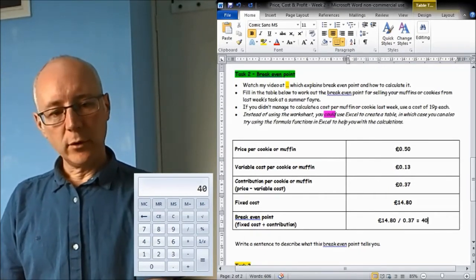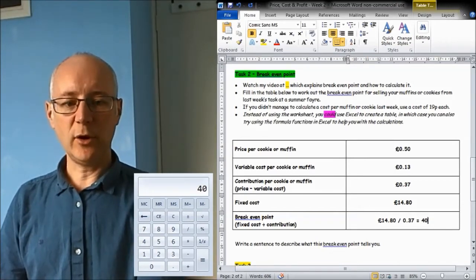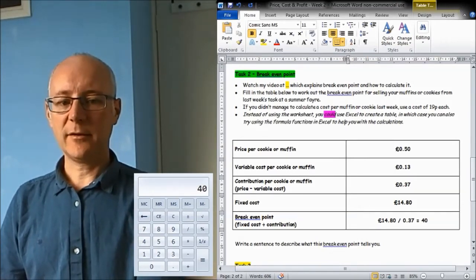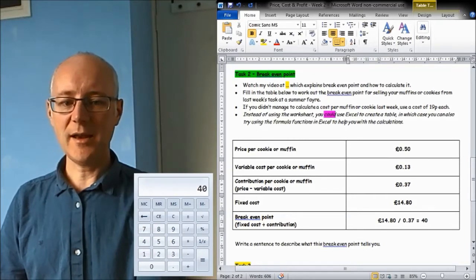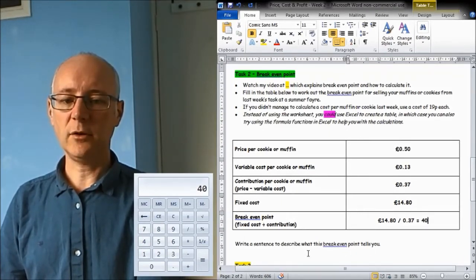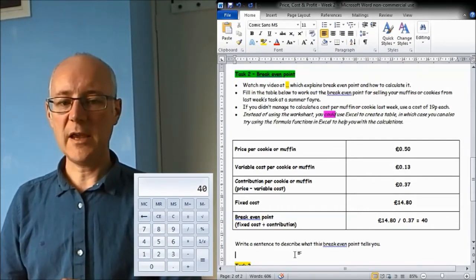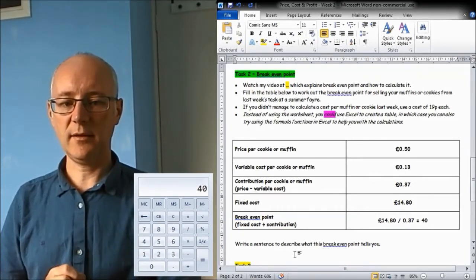So what does that 40 tell me? Well, that 40 tells me how many cookies. It's not £40, that's 40 cookies. It's saying that I need to sell 40 cookies in order to break even. Okay, so the final thing I want you to do for task 2 is to write a sentence to describe what the break-even point tells me in this setting.